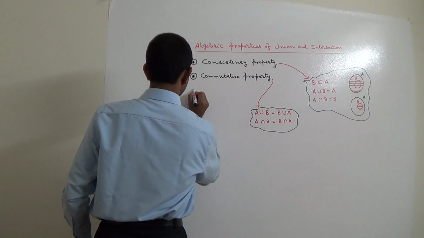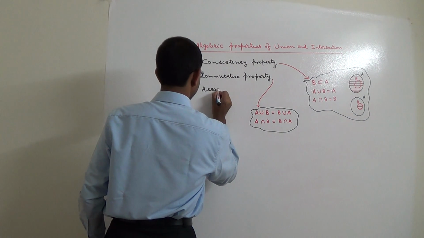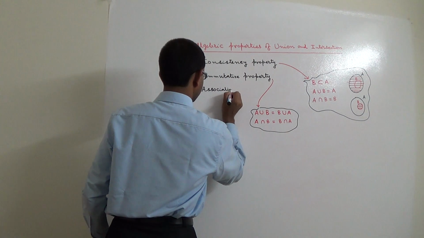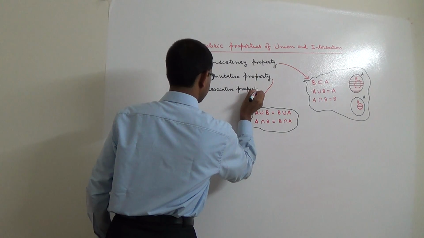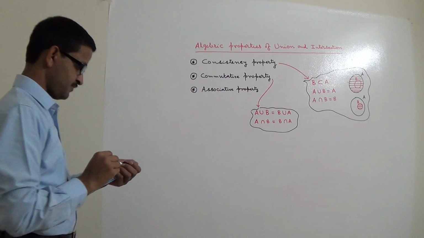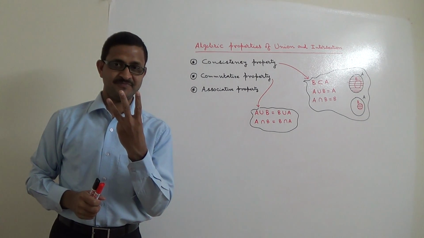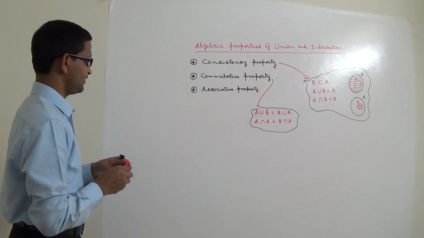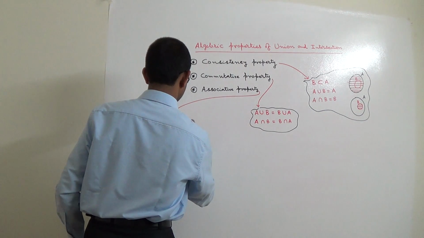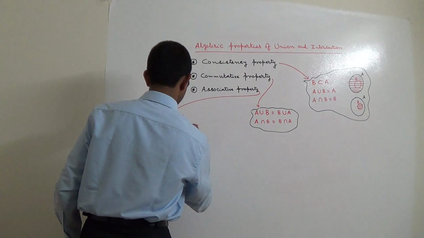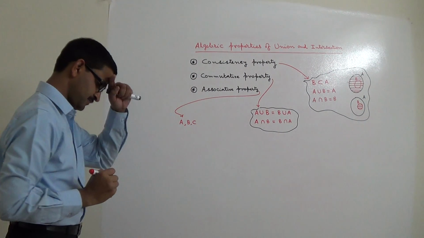Next one we are going to discuss is called the associative property. For the associative property, we need three sets. Let's take those three sets as A, B and C. These are three different sets.